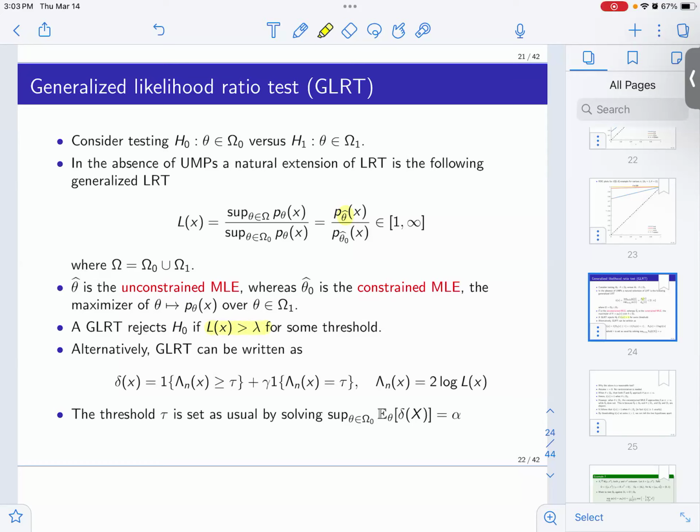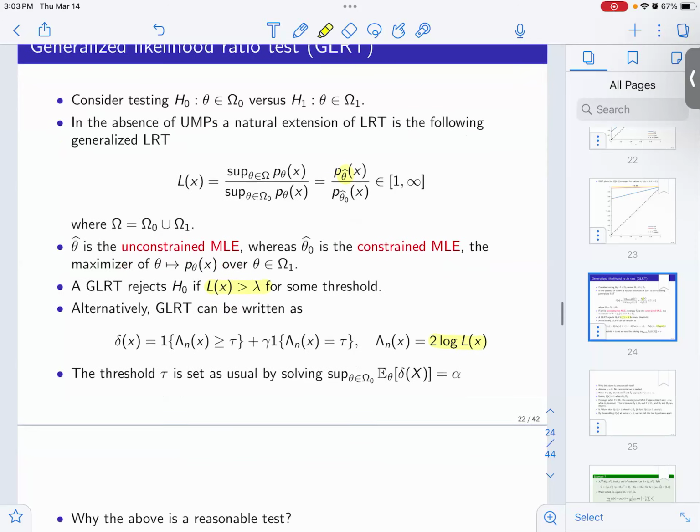Alternatively, you can look at this quantity, which is a one-to-one monotone transformation of L of x. Let's call it lambda_n of x. So we reject when this is bigger than tau, and potentially we randomize if we need to achieve a certain level. The setting of the threshold and this randomization is exactly the same as before.